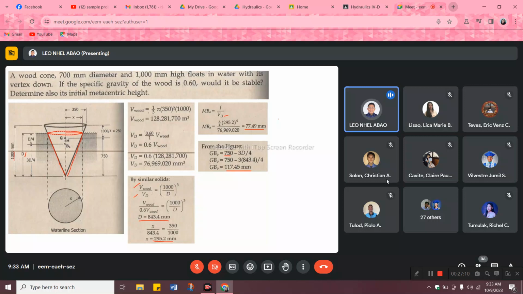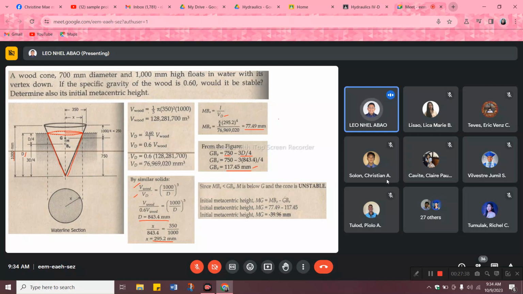So we are given a GBO of 117.45. By inspection, we can see that GBO is greater than MBO. Therefore, it is unstable.